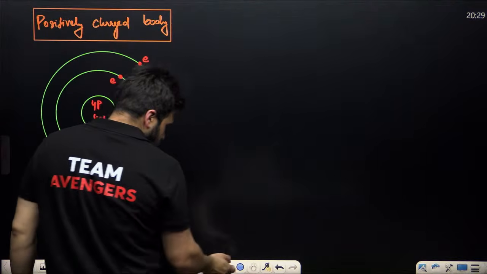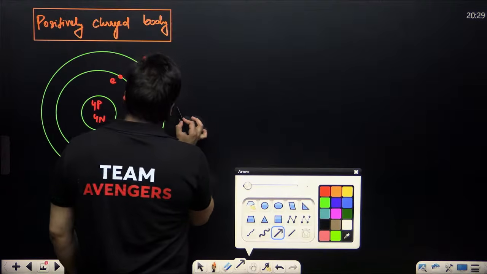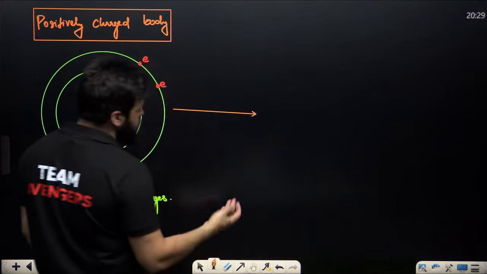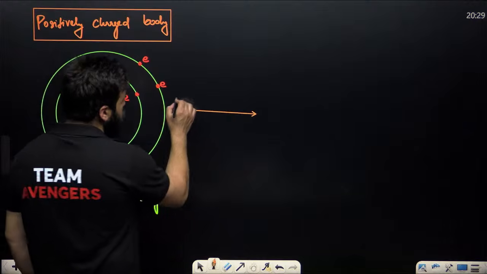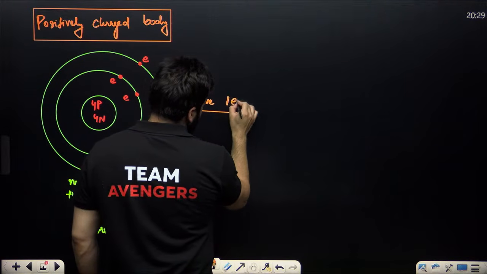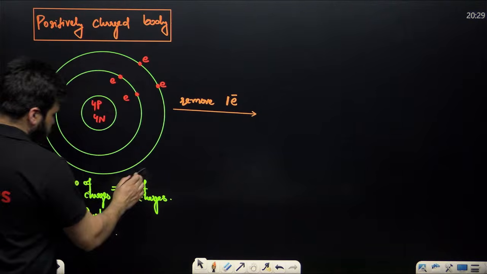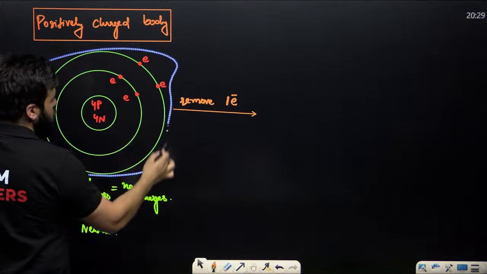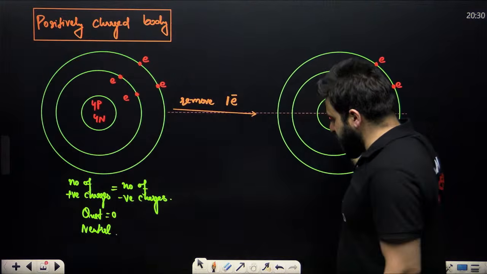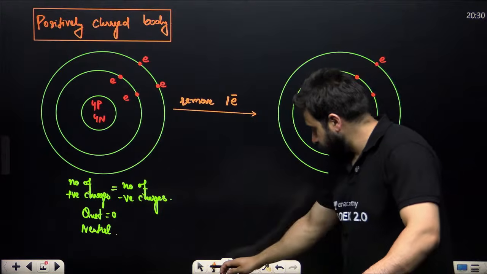Now guys, let's suppose I say you remove 1 electron from this neutral atom, by any means. Remove one electron. If you remove one electron from this neutral atom, how is it going to look after removing one electron?